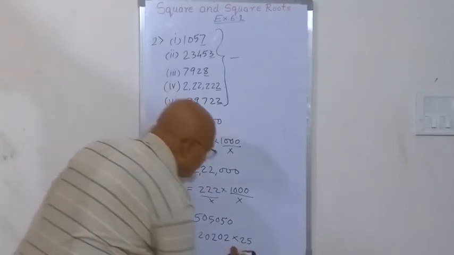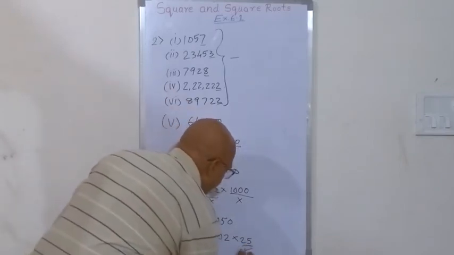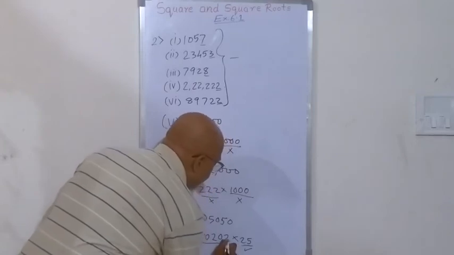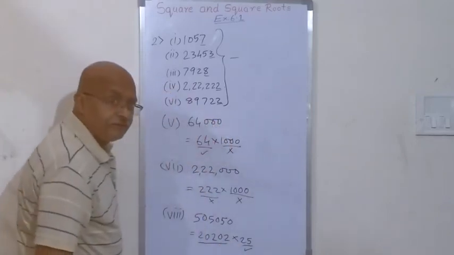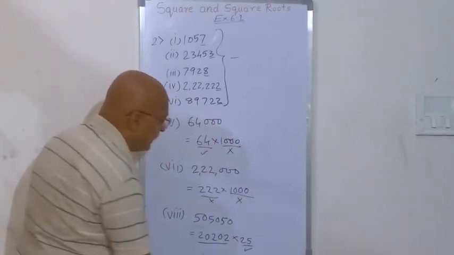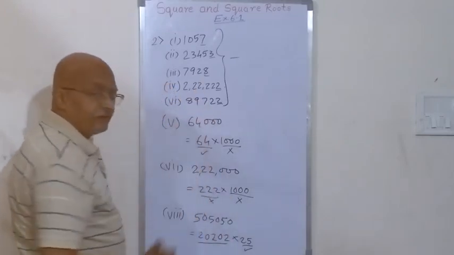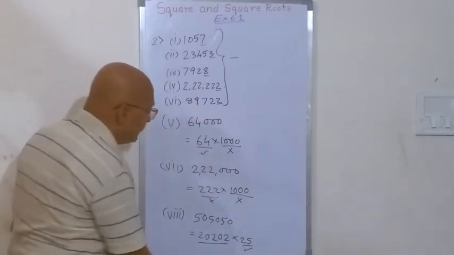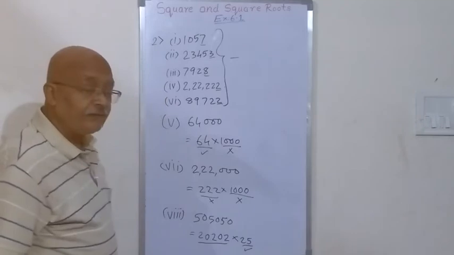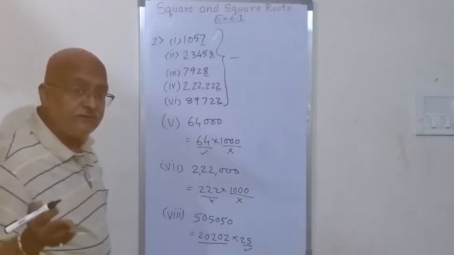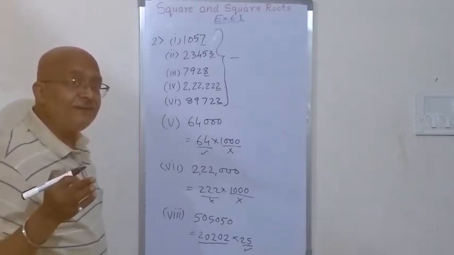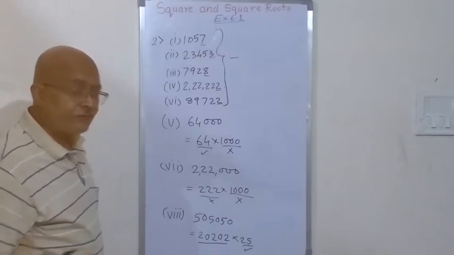Now 25 is a perfect square, but here the last digit is 2. Hence, by our definition or property, a number which has either 2, 3, 7 or 8 at the unit place cannot be a perfect square.